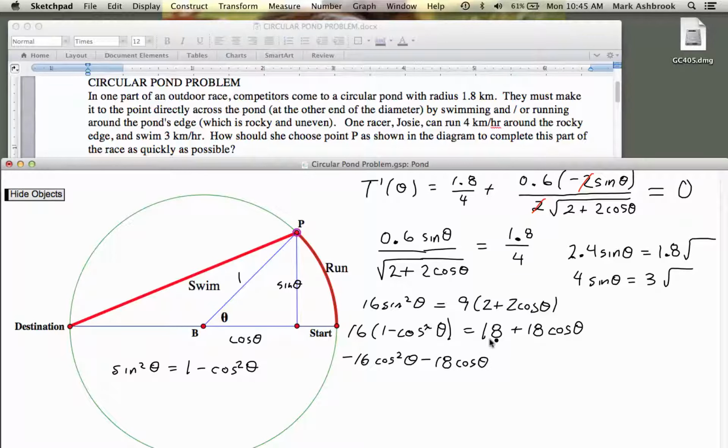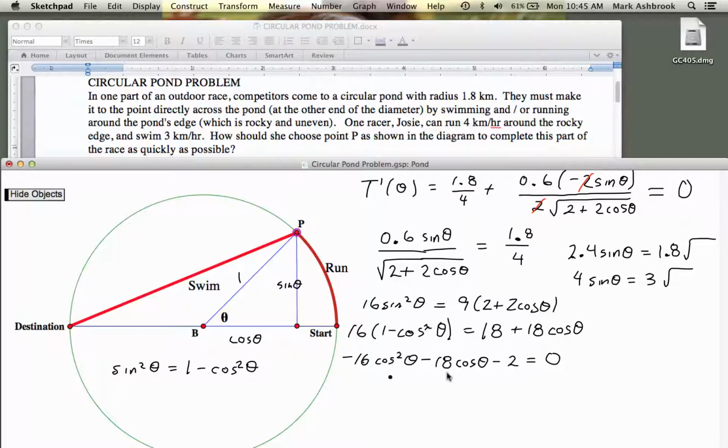And then I'm going to have 16 minus 18, so minus 2. Make sure that I've got the right thing here. Yes, I do. Okay, minus 2 equals 0.